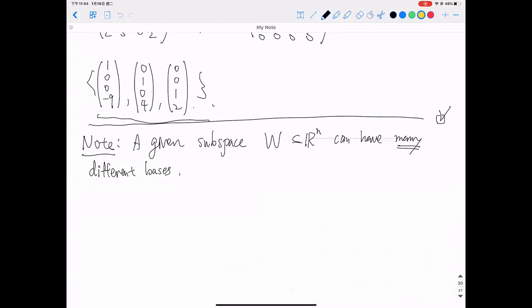Now, if you try to work out even more examples, you'll become somewhat convinced about the following statement: any of these bases, or all of these bases, they all have the same number of elements.